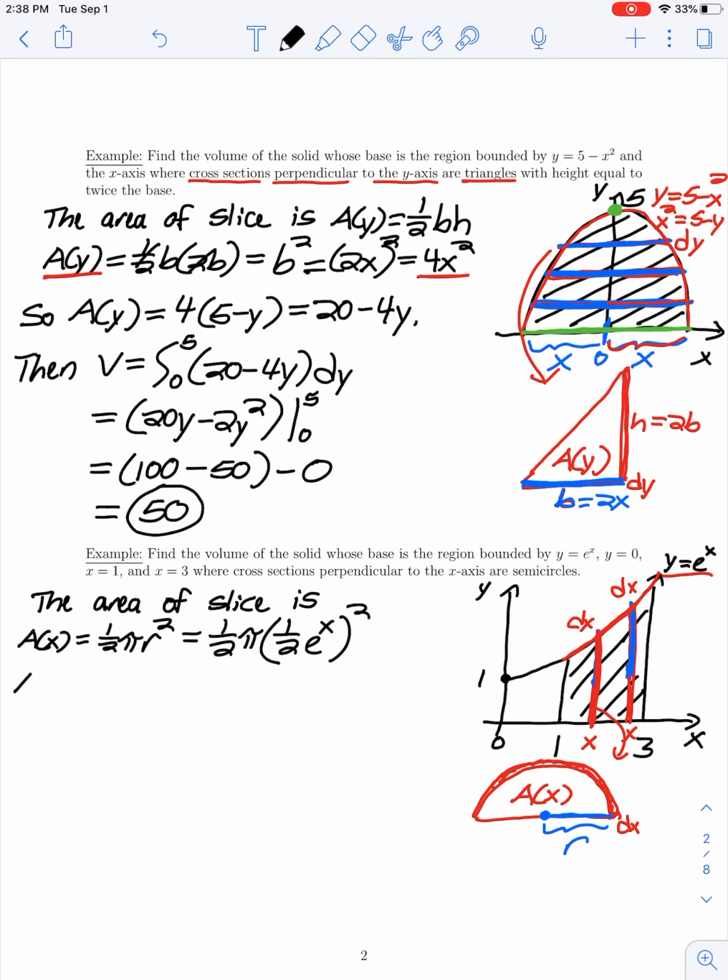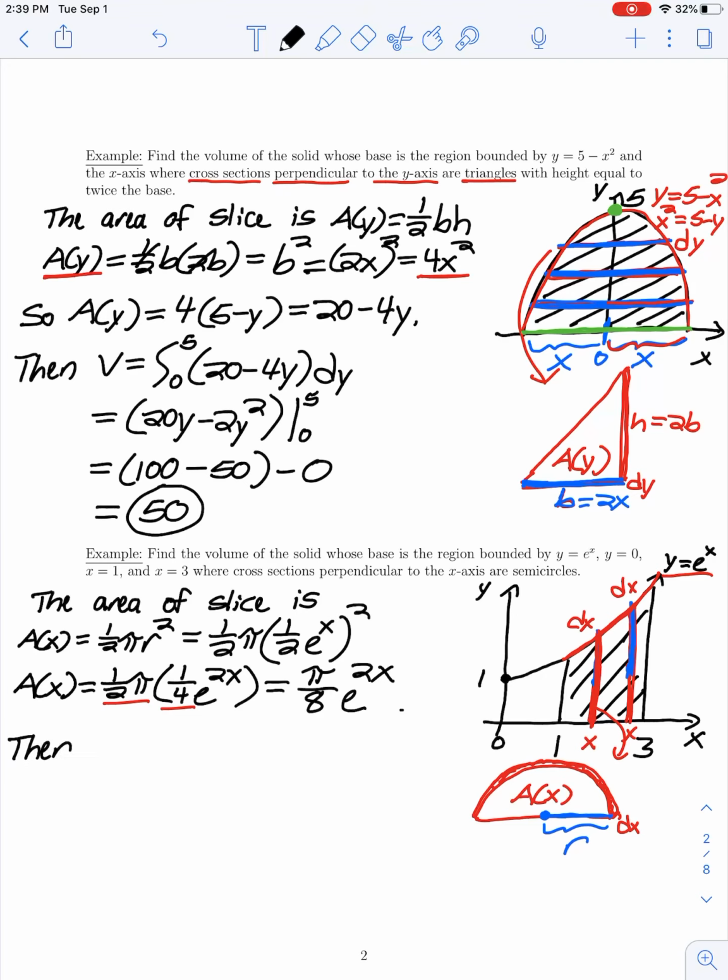Simplifying a little bit, I have a 1/2 times pi times, taking 1/2 e to the x squared, we get 1/4 e to the 2x, or grouping my constants together, I have 1/2 pi times 1/4 would be 1/8 pi, or pi over 8, and then my e to the 2x.